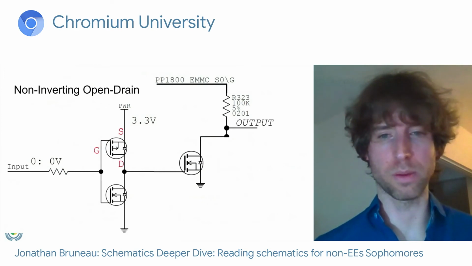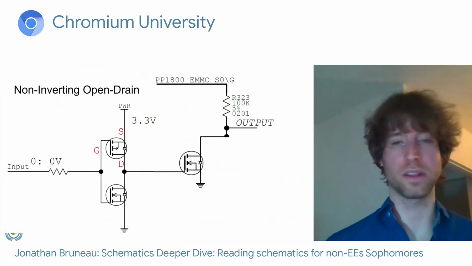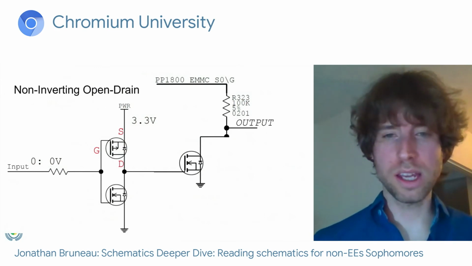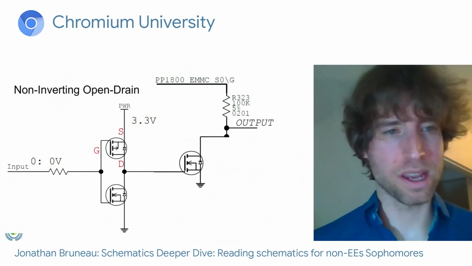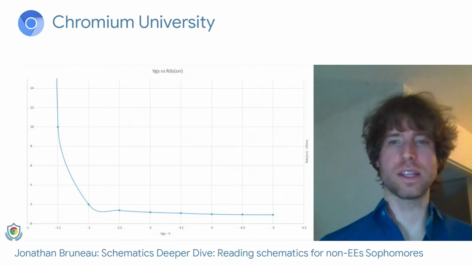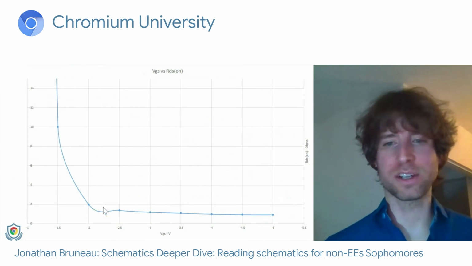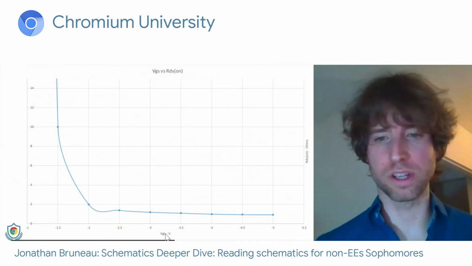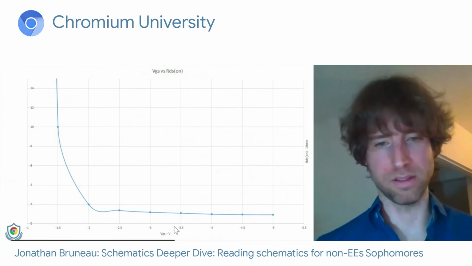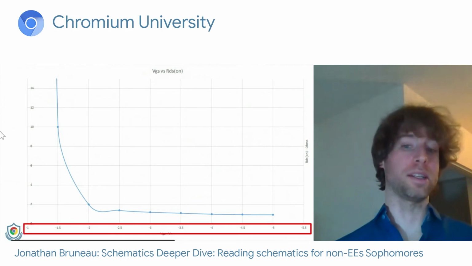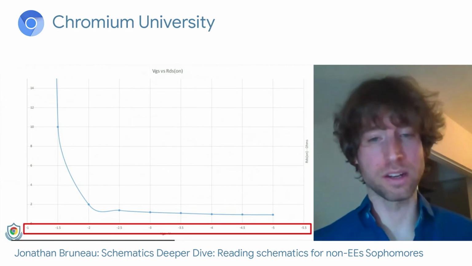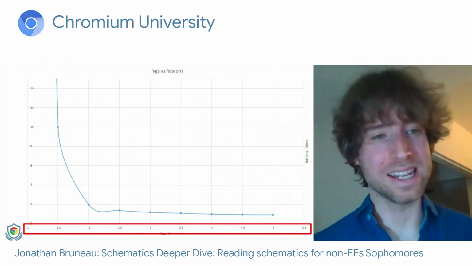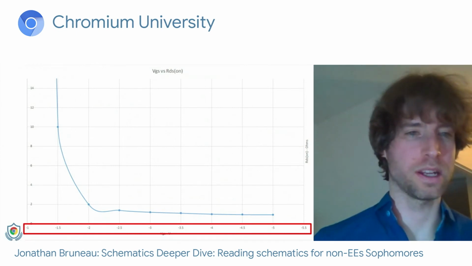So now we know that we have our gate, our drain, our source. And really, PFETs are exactly the same thing as NFETs. The only difference is that the resistance decreases as the gate to source voltage becomes more negative as opposed to more positive. That is the only difference. How they're made is slightly different, but I won't get into those details.